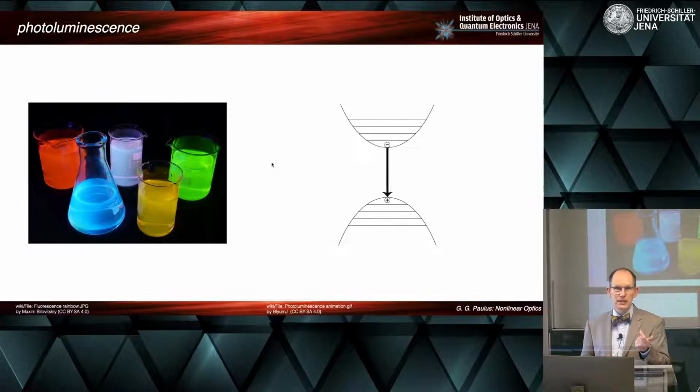What makes this statement even more likely is that much of nonlinear optics was actually not developed by physicists, but by electrical engineers. The physicists in the 60s, optics was perhaps not the most exciting topic.